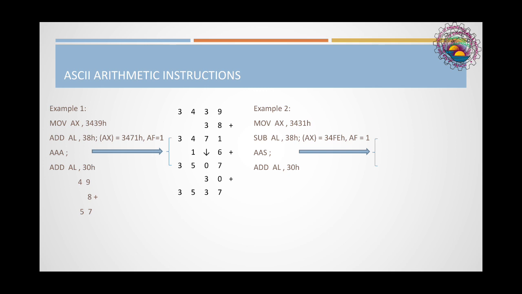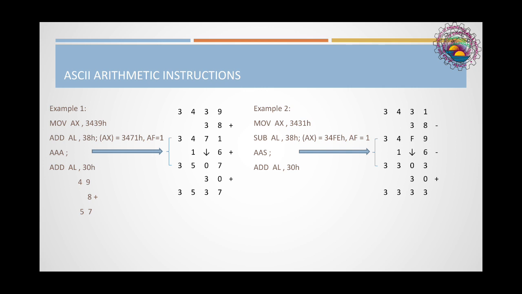Now after the subtraction instruction, in AX the value will be 34 F9, and the auxiliary carry flag will be having logic 1.